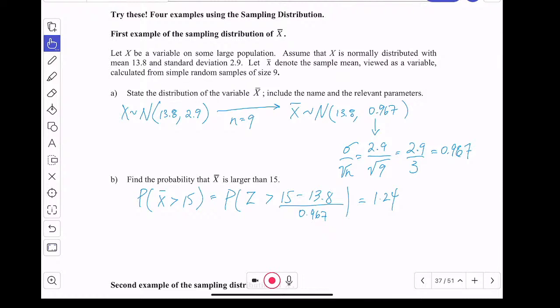Sorry, I didn't want to do that. You want the chance that we are 1.24 standard deviations above the mean.